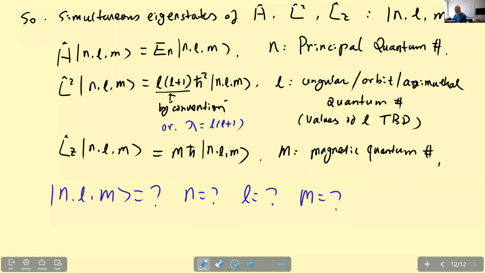Next time we're going to find out what the possible states are, which are labeled by these three quantum numbers n, l, m, called the principal, angular, and magnetic quantum numbers, in the general central force problem. After that, we are going to apply this to the hydrogen atom problem. Once we have solved this problem, we can consider a special case, that's the hydrogen atom. So let me stop right here and see if you have questions.